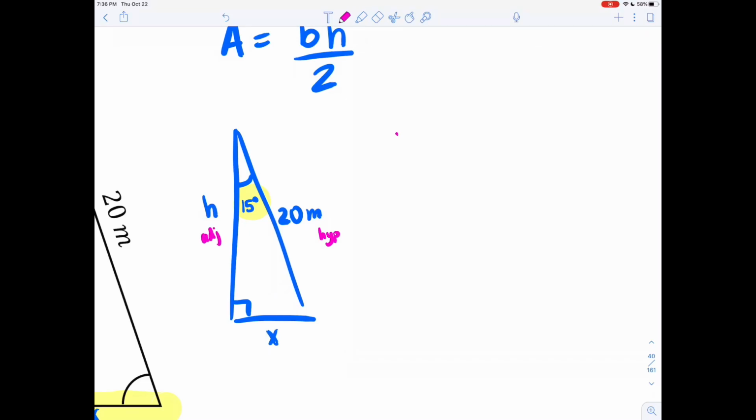So I'm going to use my trig ratio cosine. I know cosine of 15 degrees is my adjacent, which is h, over my hypotenuse, which is 20. To isolate for h, I'm going to multiply both sides by 20, getting 20 cosine of 15 degrees equaling h.